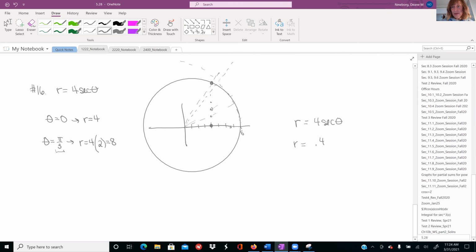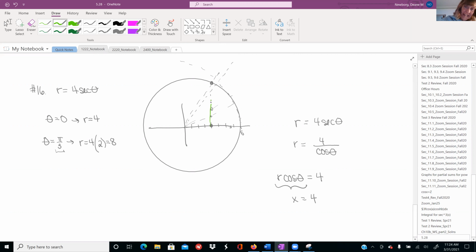So this is the same as 4 over cosine theta. Well, what if I multiply both sides of that equation by cosine theta? Then I get r cosine theta equals 4, but r cosine theta, that is x, right? And x equals 4, that is a vertical line. So that really is the graph.